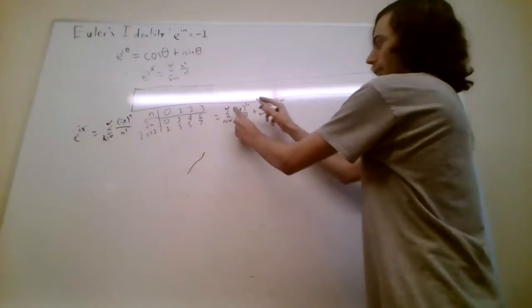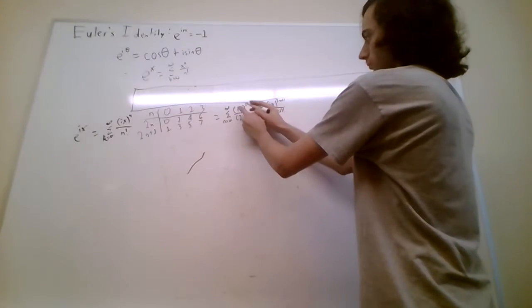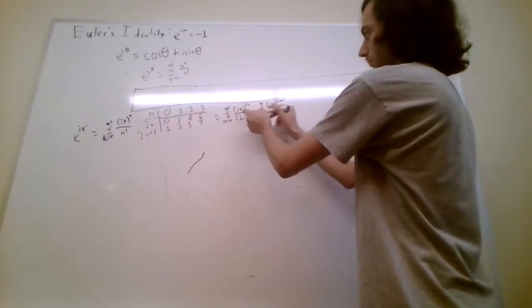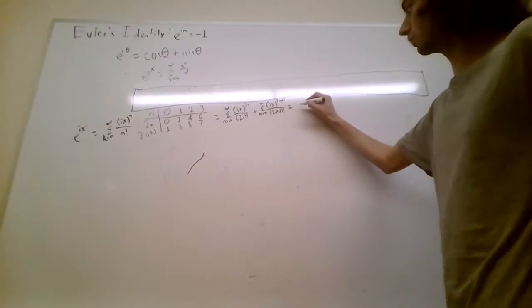Next, we're going to multiply these i's out of the parentheses. We'll do that right now.